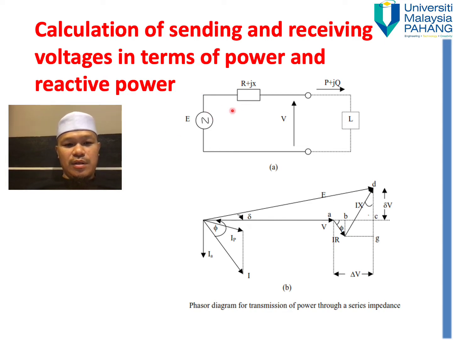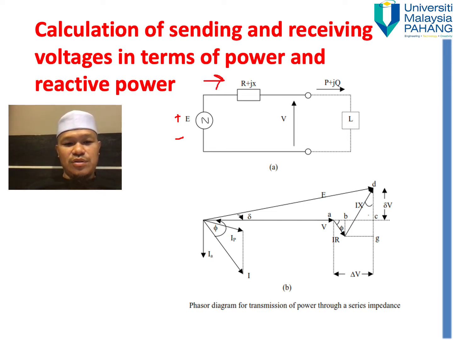So we have the source and the impedance here, and then we have the load. So we have the voltage here. We have the source, plus minus, in terms of E, and then the current flows here.